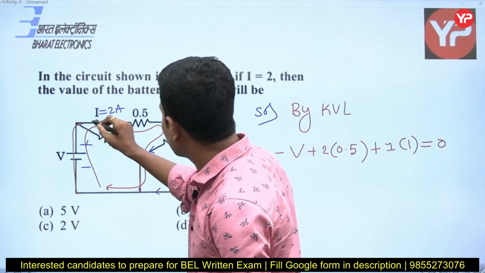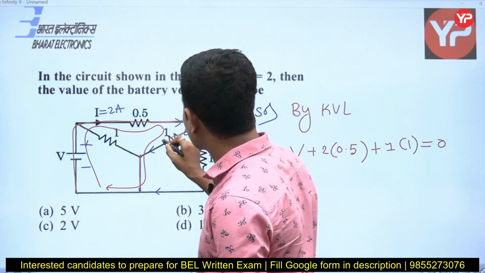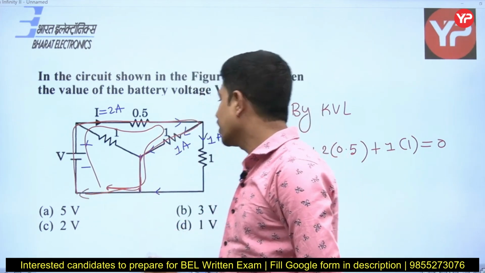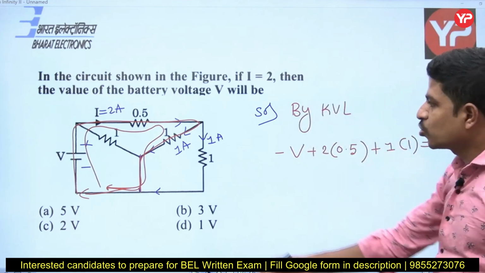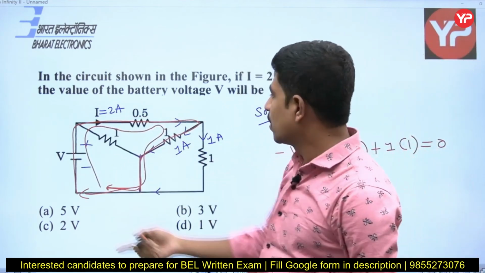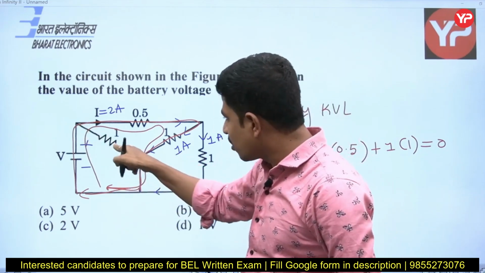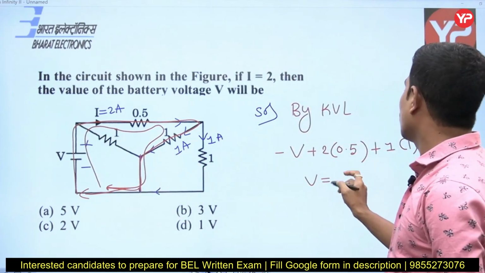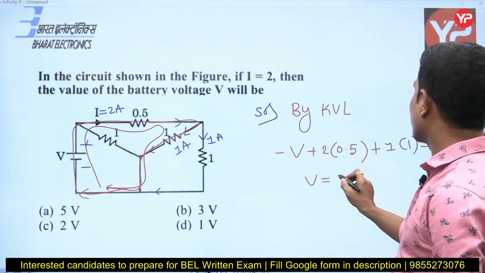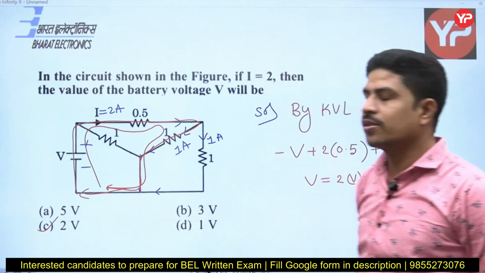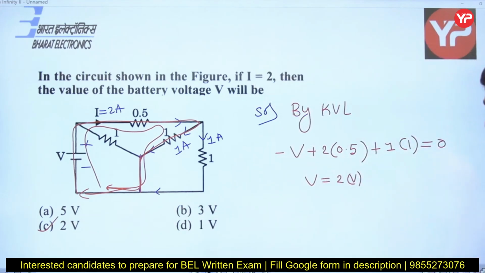You start here, go this way, come this way. That is the only path. Or you can choose another path also, but you don't go this way, because we don't know the current in that. Now from this one, V is equal to 2 into 0.5, 1 plus 1, is 2 volts. Answer is absolutely 2 volts. Option is C, right?